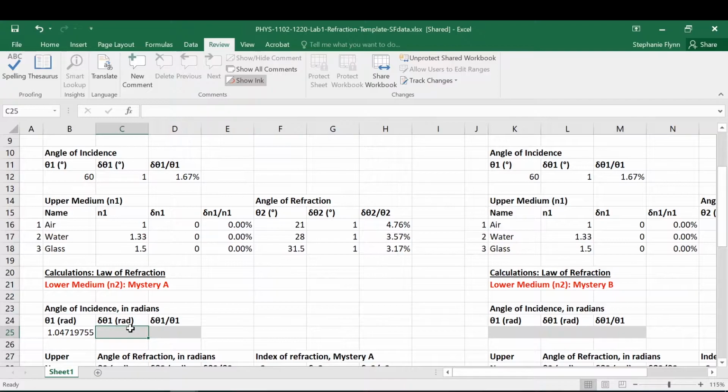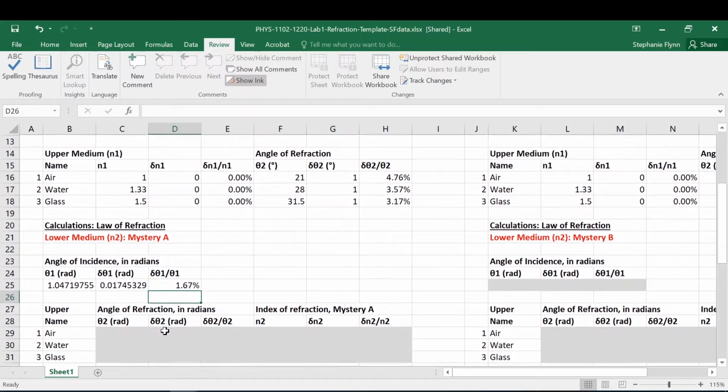And I also want to do the same thing to my uncertainty, so I can just drag the formula to the right, and it also converts my uncertainty into radians. And then I also want to add in my percent uncertainty calculation. So these were pre-formatted to show percentages.